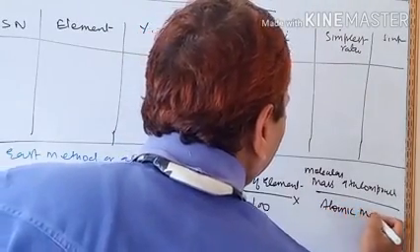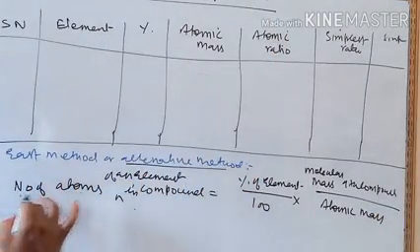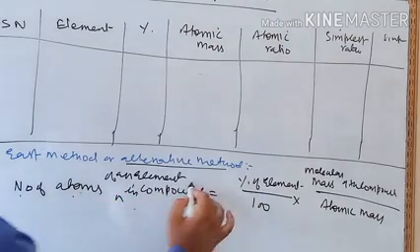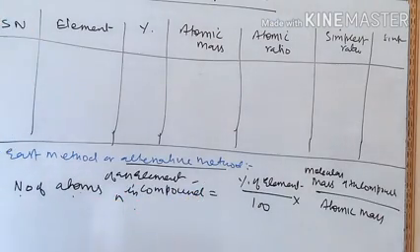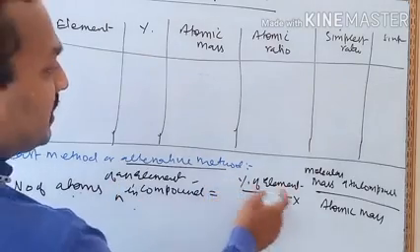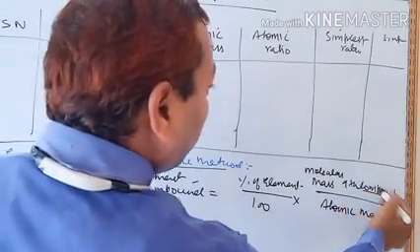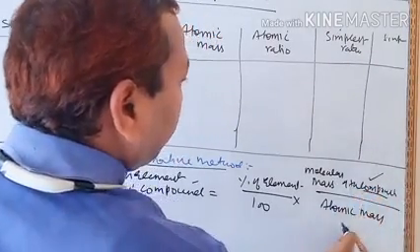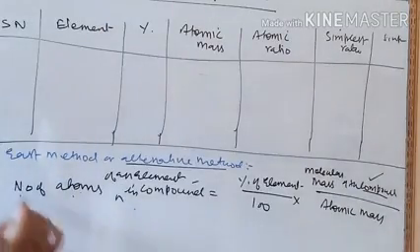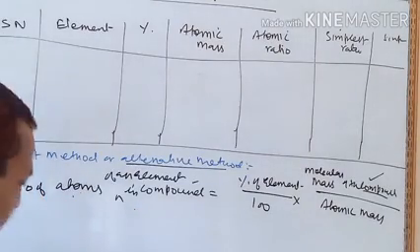Okay, so children, this is an alternative method to calculate the number of atoms of an element in a compound. Use this formula to calculate the number of atoms. So this is the alternative method, children.